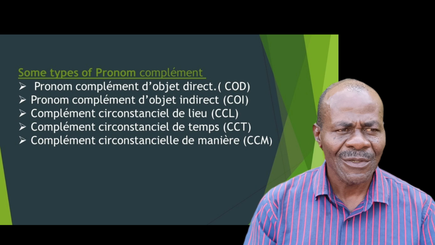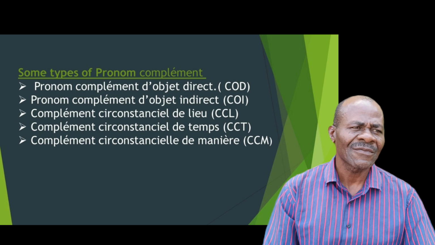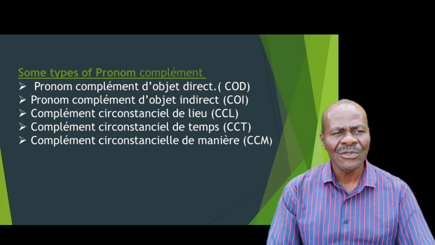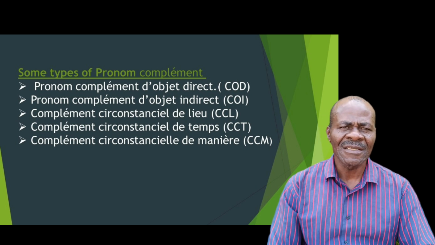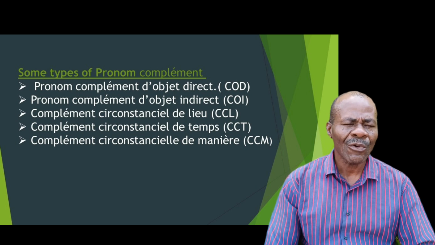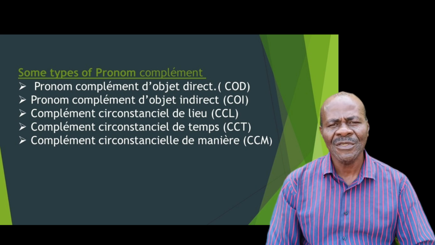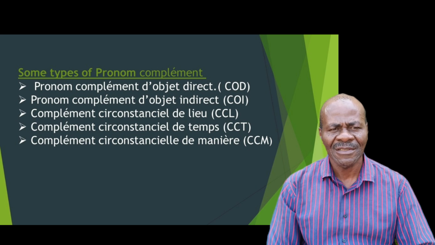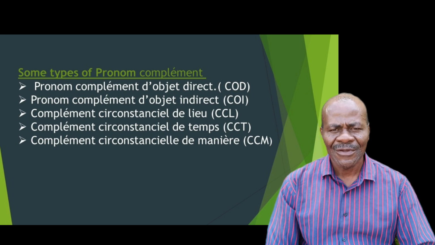Let me repeat. Pronom complément d'objet direct. This is a pronoun we use when our noun in the sentence is a direct object. Pronom complément d'objet indirect. Here, the noun must be an indirect object. Pronom complément circonstanciel de lieu.